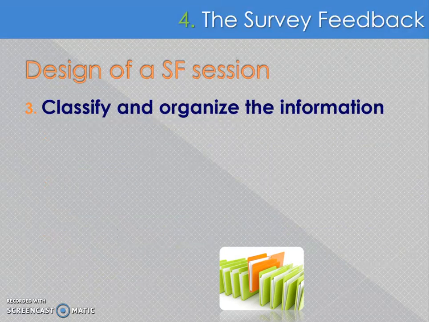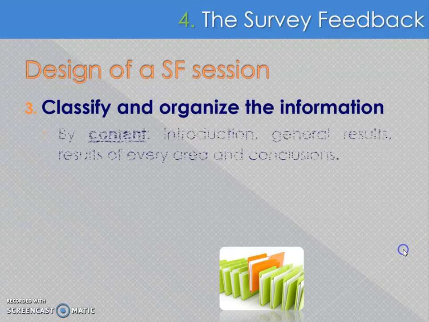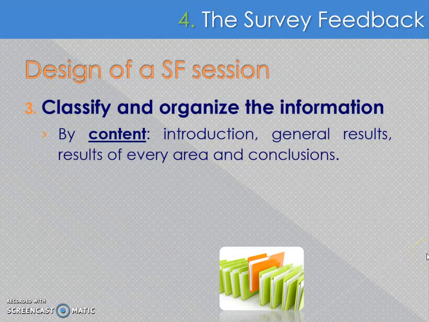The third stage is to classify and organize the information. The information can be organized in 3 different ways. By content, starting with the introduction of the assessment, which includes the variables measured, the model used to understand occupational health, the RED model, for example, as we have seen before, etc. In the second place, explaining the general results of the organization, which include the sample, the data analysis, and the main differences obtained, the results of every area, and the main conclusions.